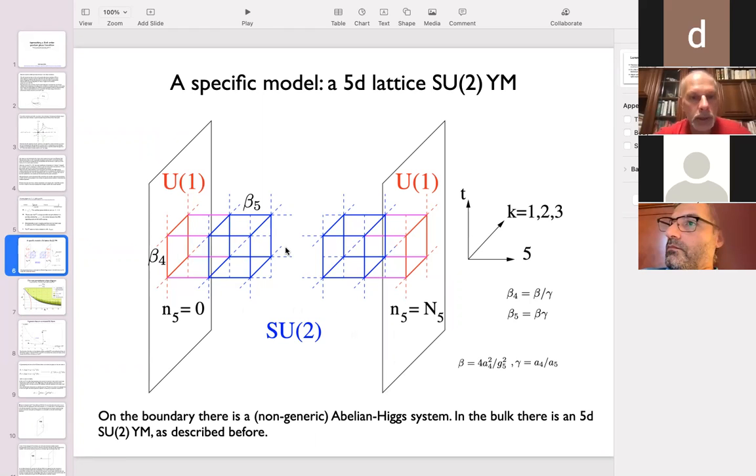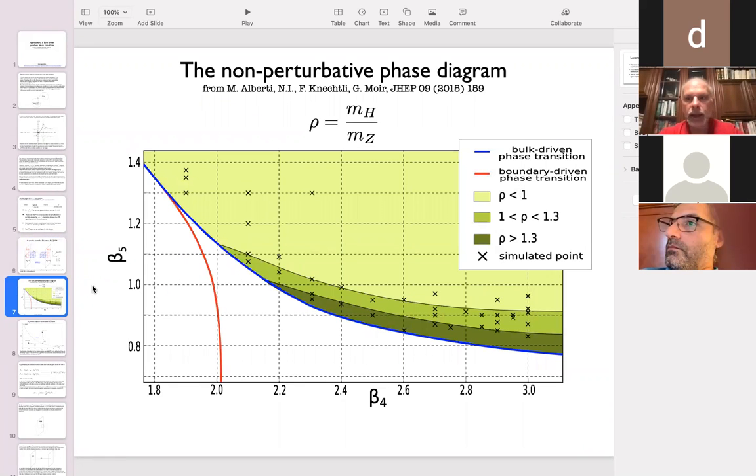Many of the properties that I will describe do not depend on the existence of these boundaries. So you can just take the bulk, the blue lattice, to refer to. Certain interesting properties also involve the boundary, and I would like to talk about those a little bit. So now this is the phase diagram of the system.